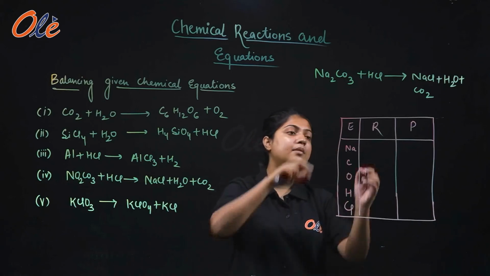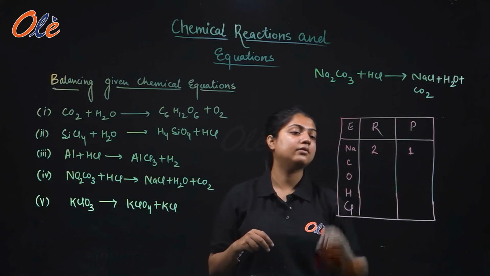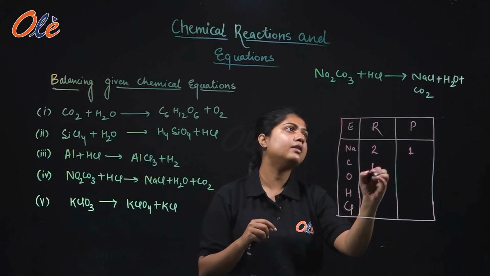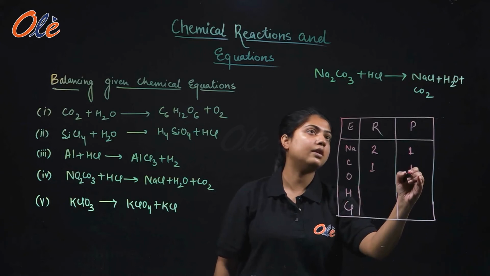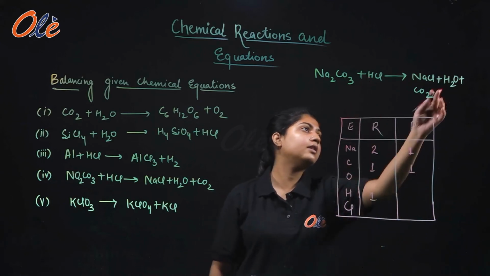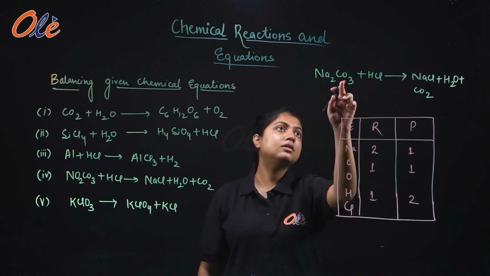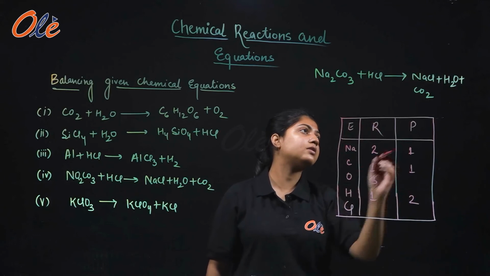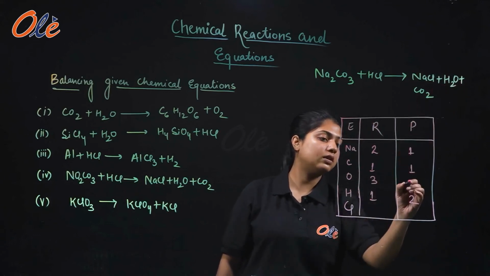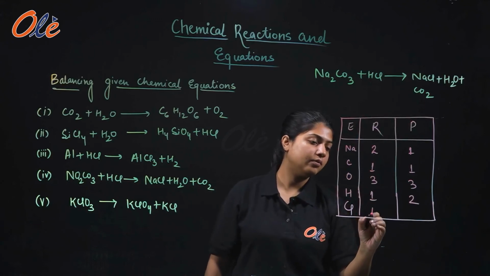Okay, so sodium 2, sodium here 1, carbon 1, here carbon 1, hydrogen 1 and here hydrogen 2, oxygen 3 and here oxygen 1 and 2, 3, chlorine 1, here chlorine 1.